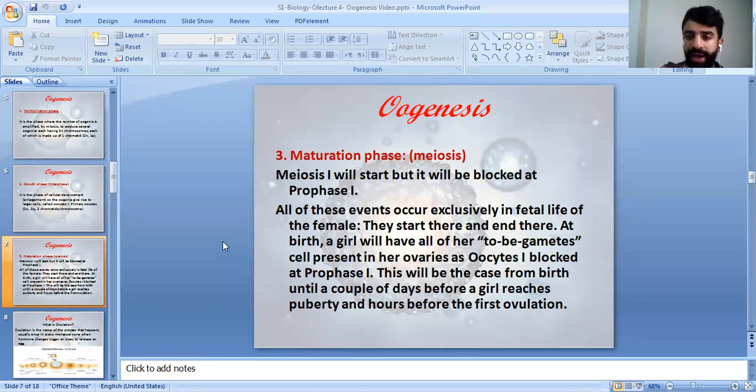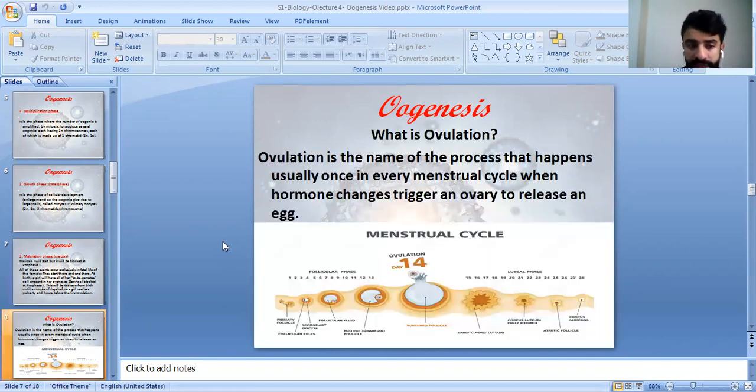They start there and they end there, and all the cells that will be gametes of the female are referred to as oocyte 1, and they are blocked at prophase 1 of meiosis. This will be the case, as I said, from birth till a couple of days before puberty and hours after the first ovulation. What is ovulation?